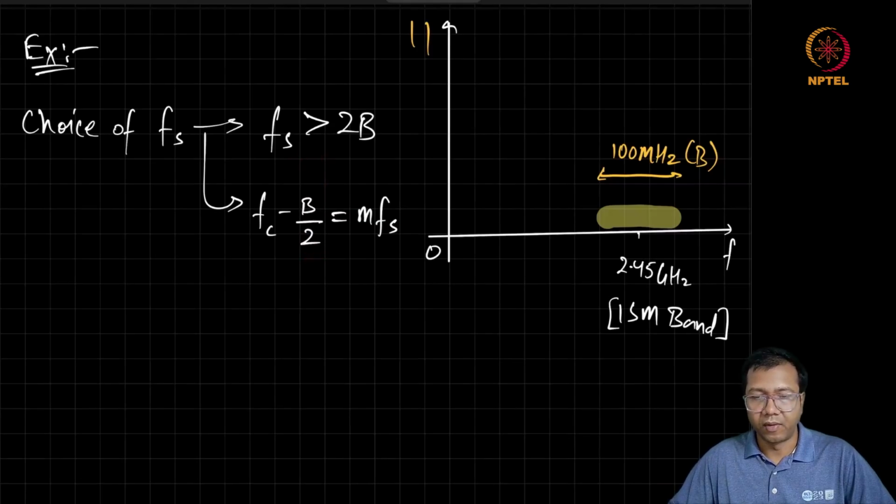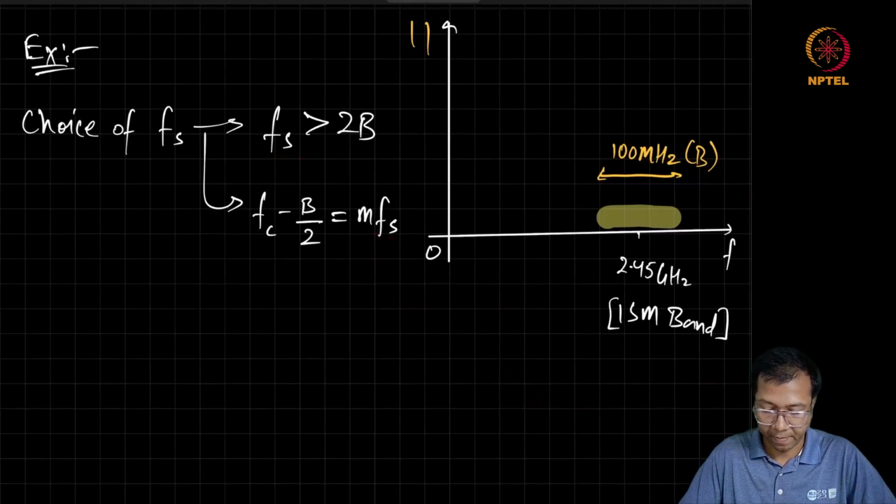So as to simplify the overall design of the ADC, we can choose the lowest Fs which can meet both of these criteria.